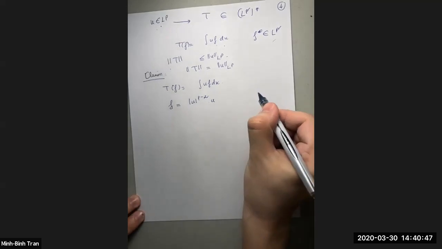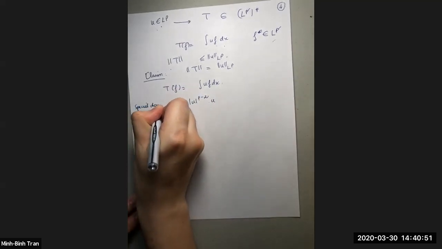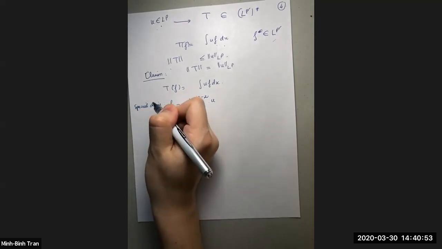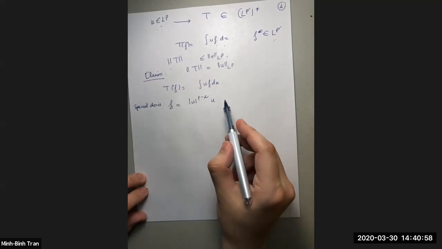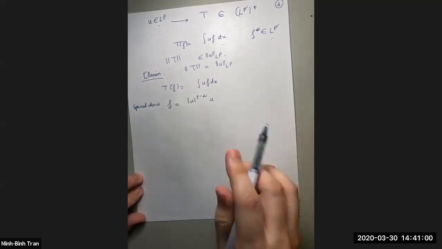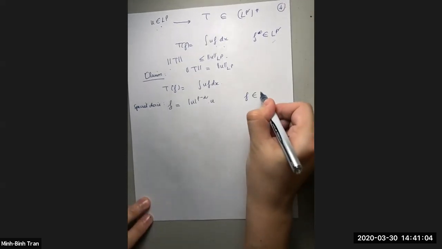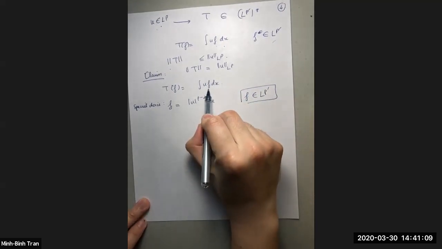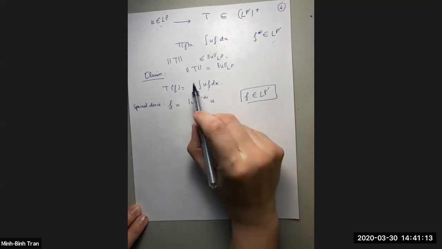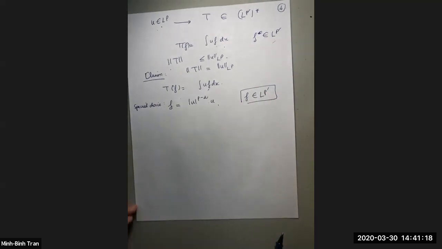And then special choice. So my special choice will be f to be |u|^(p-2) times u, right? So my claim will be f will also be in L^p'.